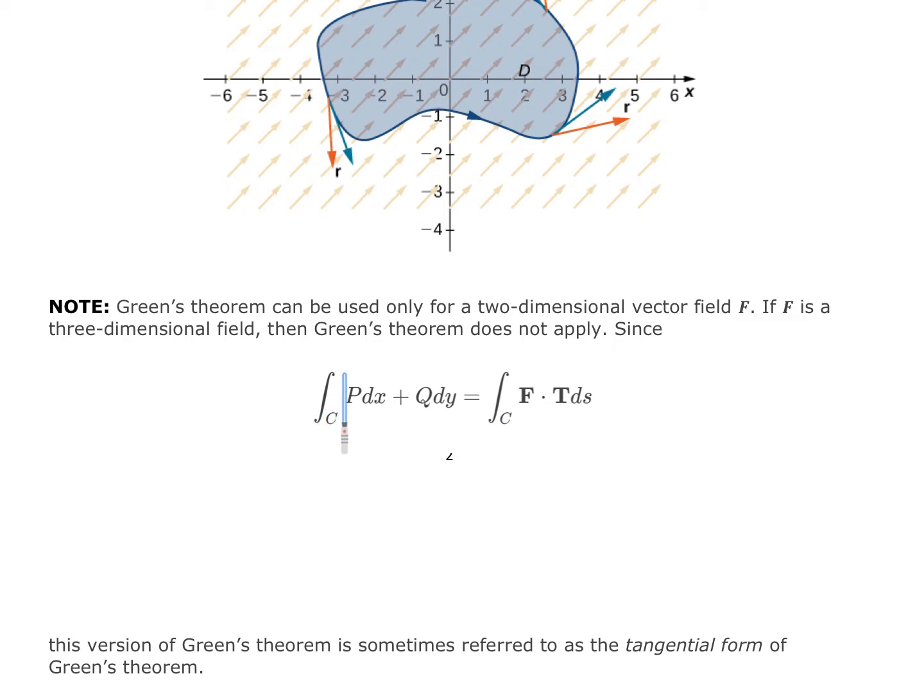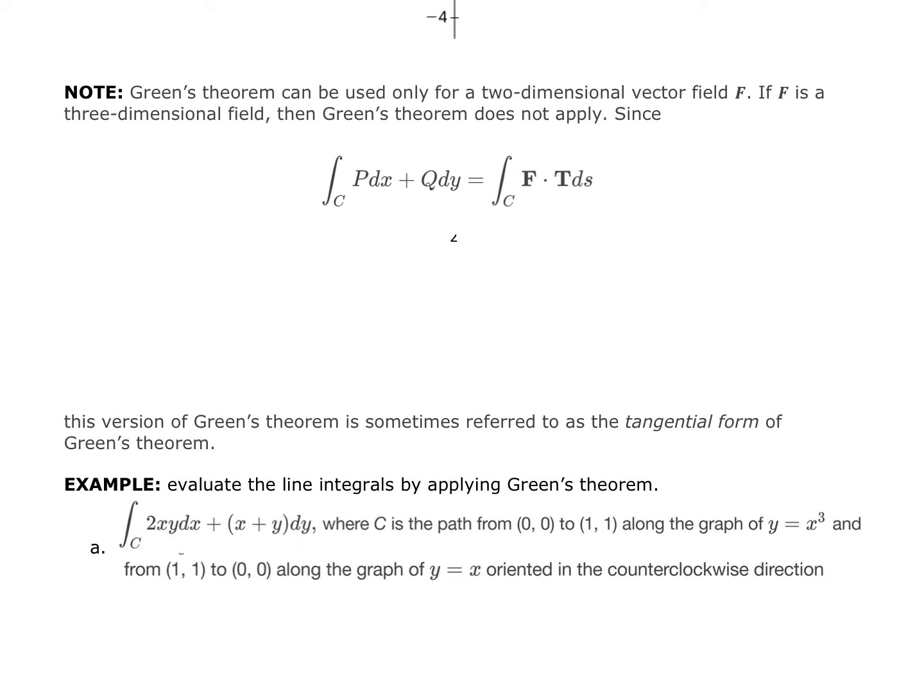Since the integral over the curve C of P dx plus Q dy is equal to the integral over the curve C of F dotted with T ds, this version of Green's theorem is sometimes referred to as the tangential form of Green's theorem.